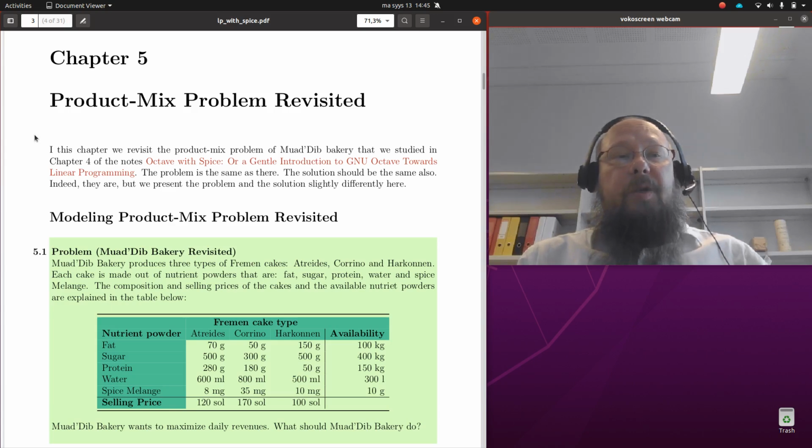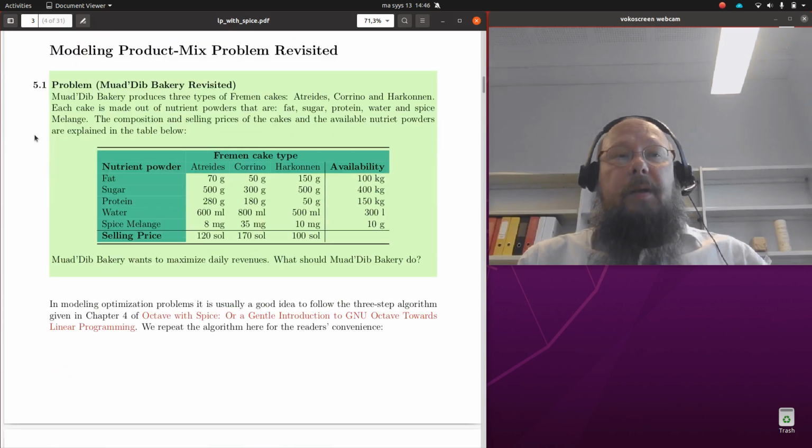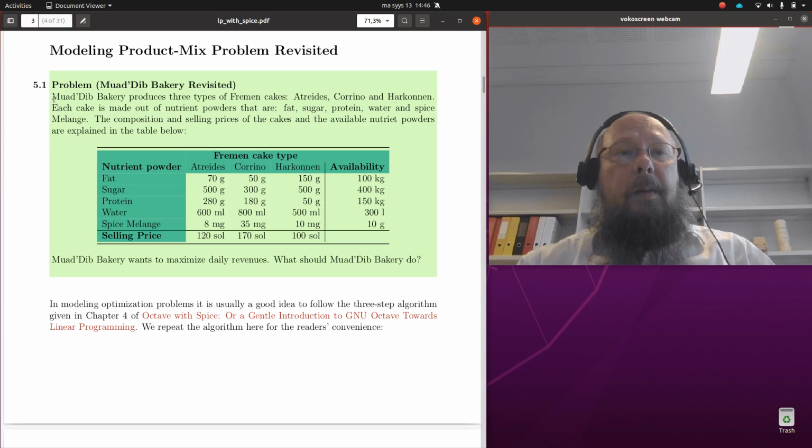Alright, so the first part here is modeling the product mix problem, revisited. We have the problem 5.1 here. This is the same Moore Dip Bakery problem as in chapter 4 of the other notes, but it's presented here slightly differently.